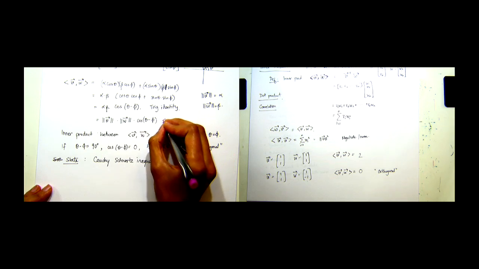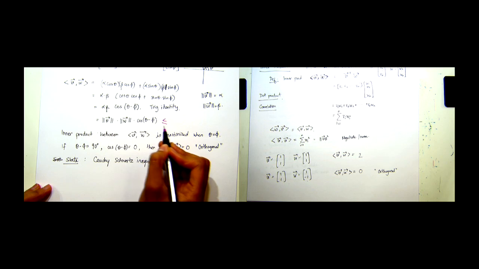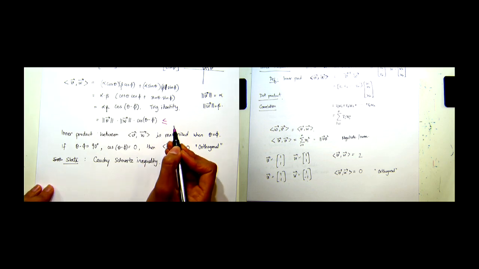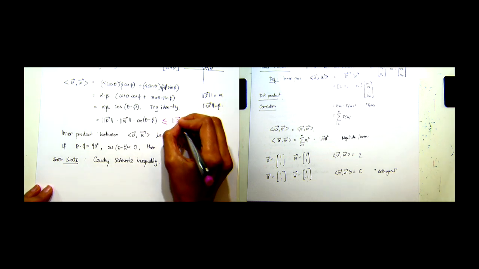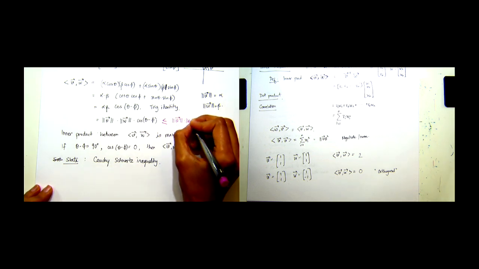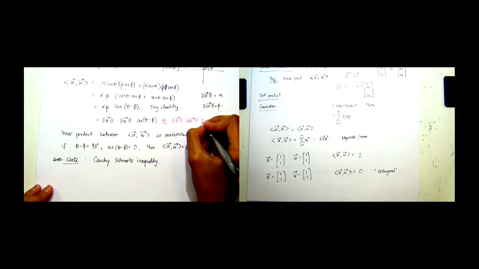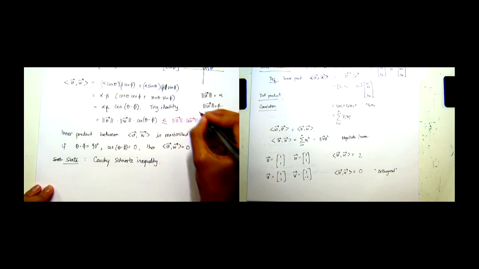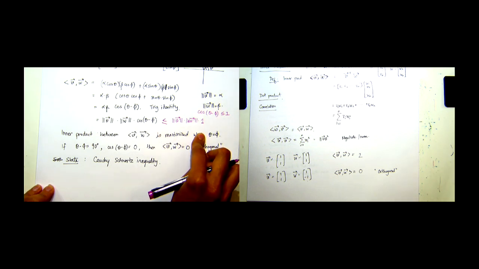I can always bound this, right? What is cosine bounded by? It's always smaller than 1, right? No matter what I do. So this is always smaller than v times w times 1, right? I can always say that cosine of theta minus phi, no matter what they are, is always less than or equal to 1.